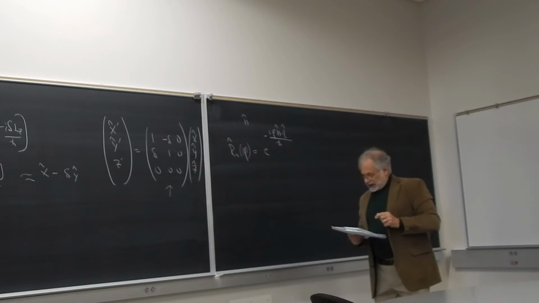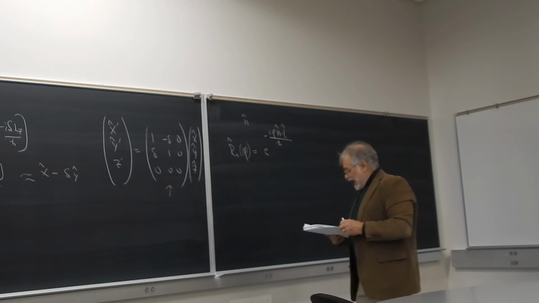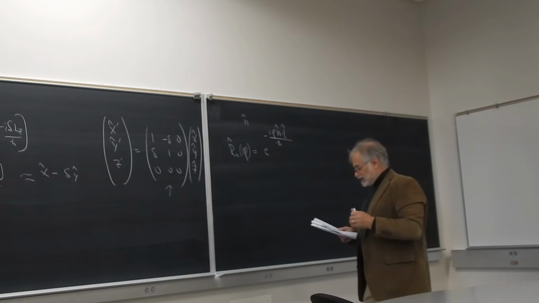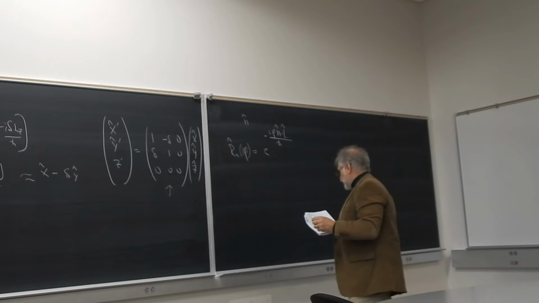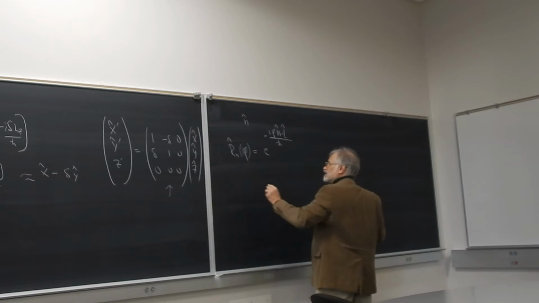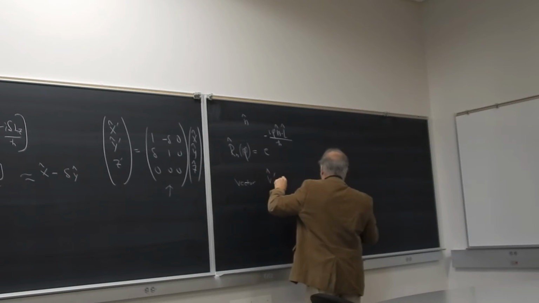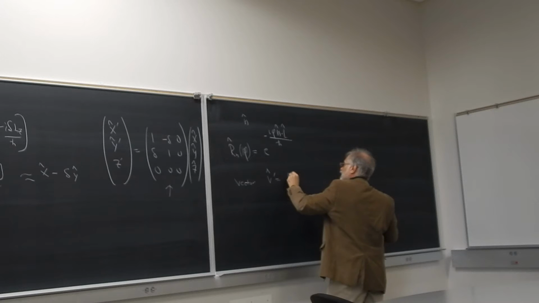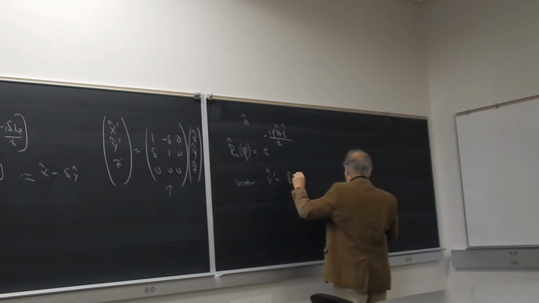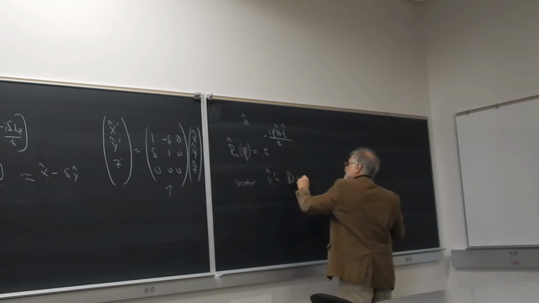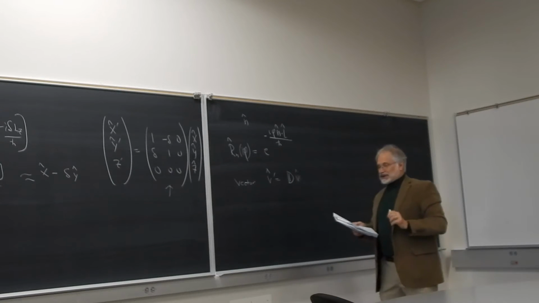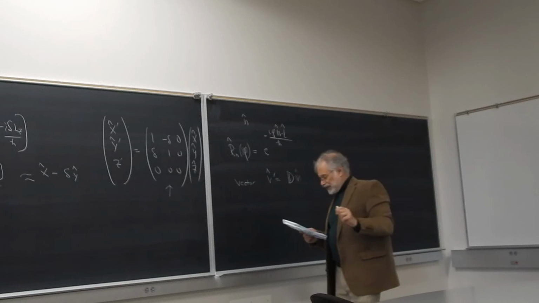Any operator that transforms the same way a position operator does under rotation is what we call a vector operator. And so some arbitrary vector operator, we'll call it V prime, is equal to some transformation matrix D times the initial operator. This is what we call a vector operator.